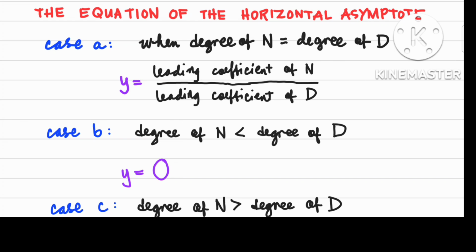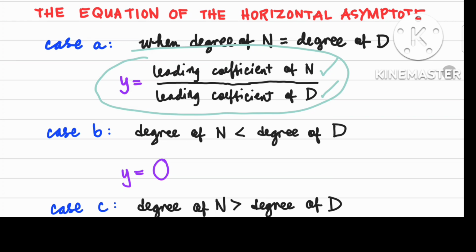Case A, when the degree of the numerator is equal to the degree of the denominator, the equation of the horizontal asymptote is given by y is equal to the ratio between the leading coefficient of n and that of d. Case B is when the degree of n is smaller than the degree of d.